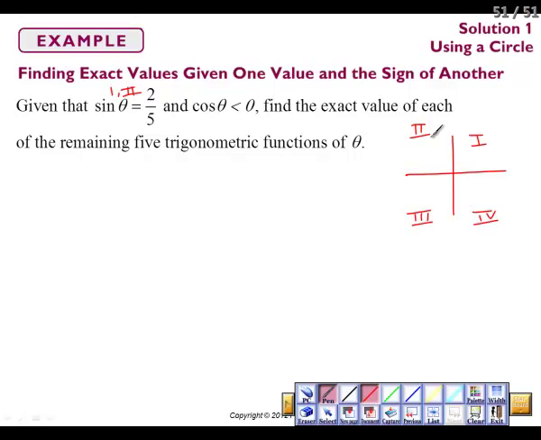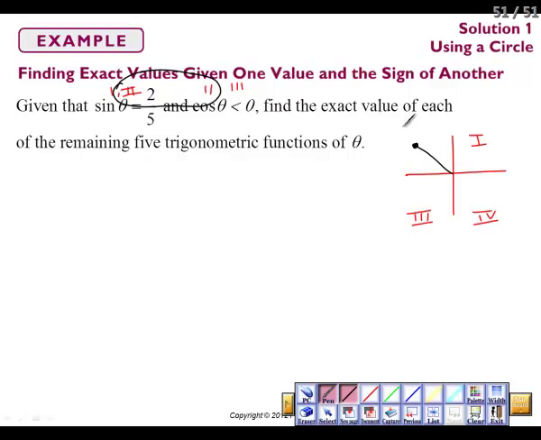You should have said quadrants 2 and 3. So we know that cosine is negative in quadrants 2 and 3. So since sine and cosine have values that are in quadrant 2, then we must be operating out of quadrant 2. Well, that's helpful to us.